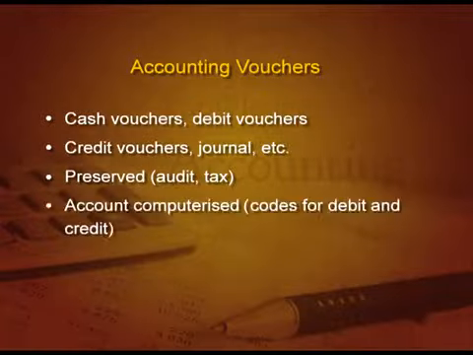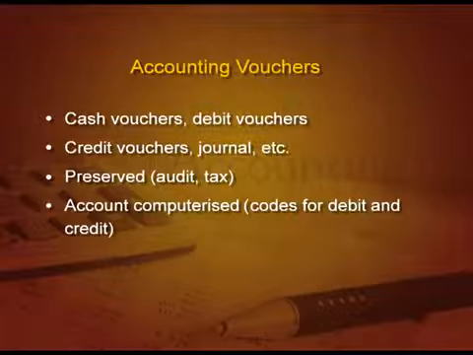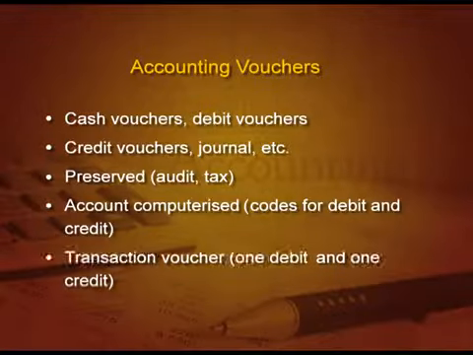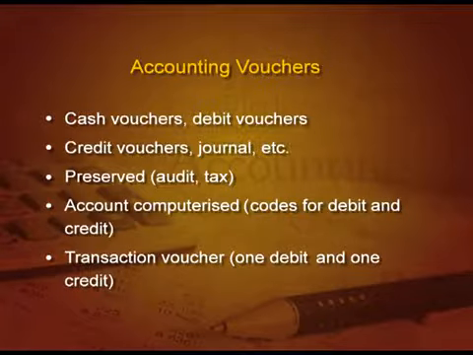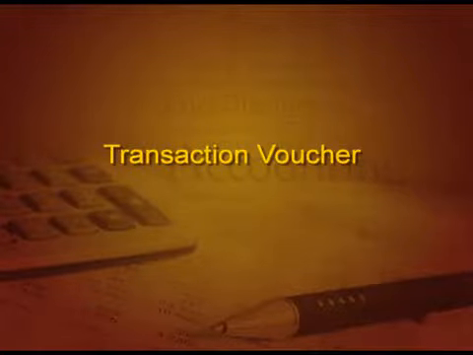As accounts are computerized these days, we allot codes for debit and credit. All the transaction vouchers which have one debit and one credit, and there can be other types of vouchers also. They are: first, transaction voucher.